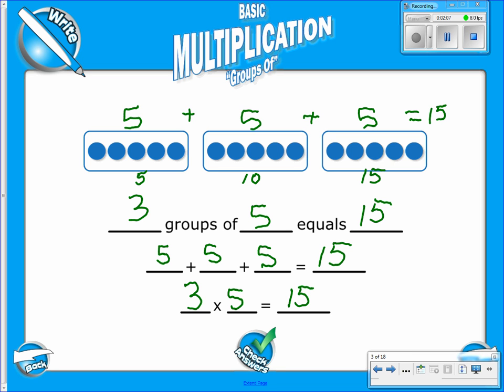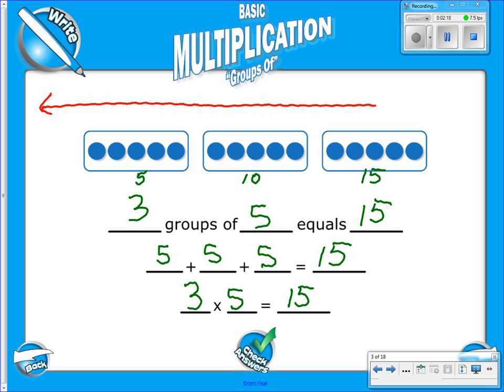We also can draw a number line. I'm going to erase this up here to give myself some space. Your students are expected to be able to recognize or draw a number line to model pictures. So, for example, I'm going to start with 0, 1, 2, 3.